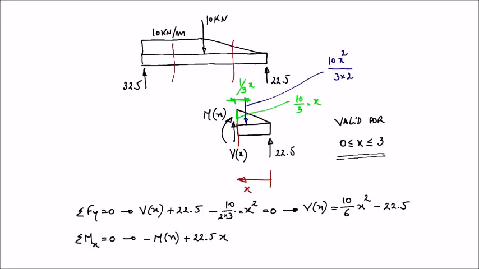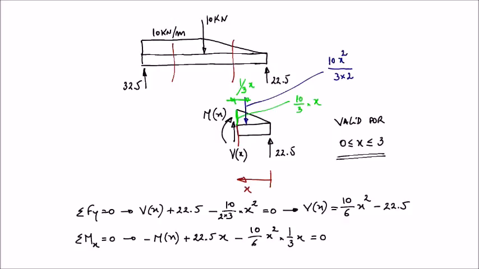And now with the load and with the distance to section X, we can obtain the moment. That moment will be clockwise, so minus. And then we have the load, which is 10 over 6 x squared. And we need to multiply the load by the distance, which is 1/3 of x. And then we get the moment produced by the triangular distributed load about the section X where we did cut our beam.